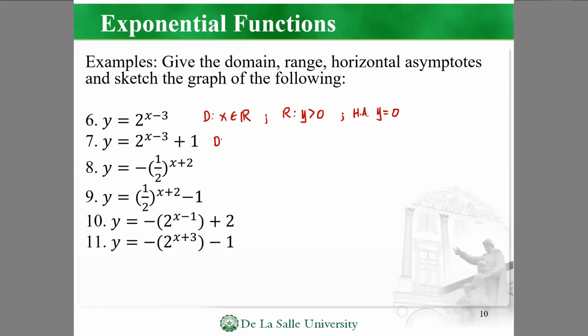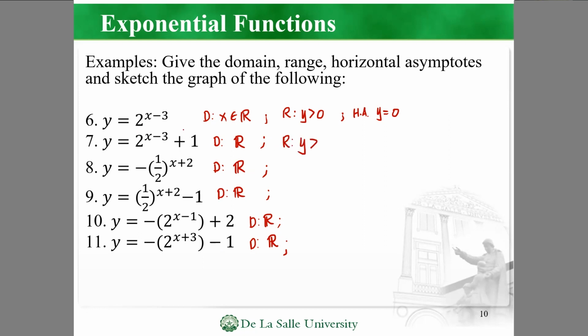Here, domain. Lahat pala ng x natin are in the exponent. I can see that. Domain is all real for all of the items. The range is the one that is changing. Here, the range, it's positive, so it's greater than.